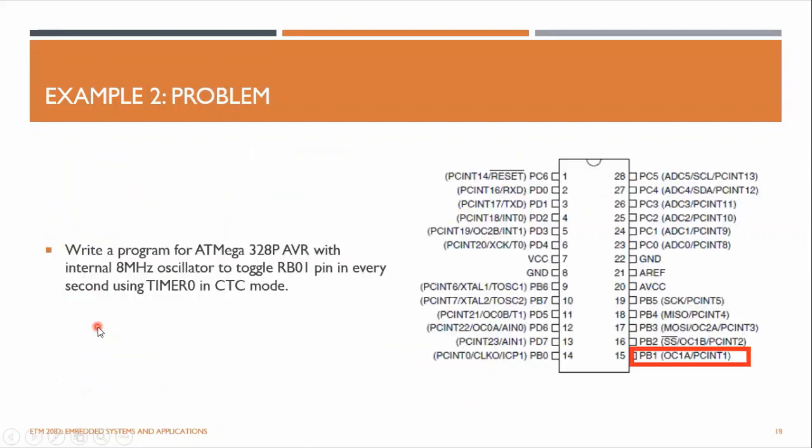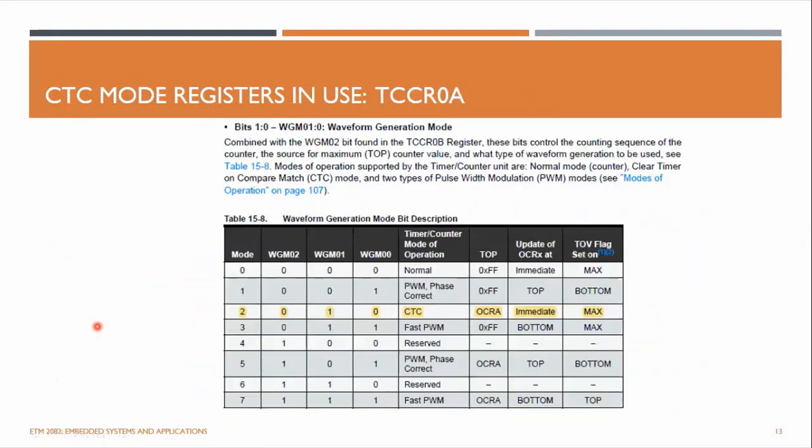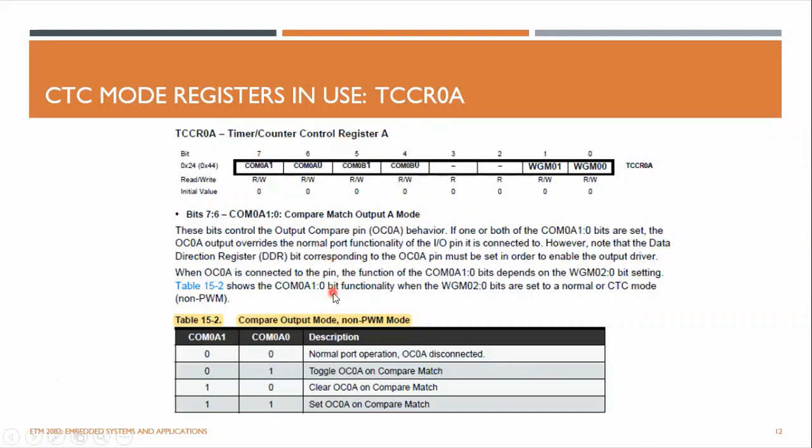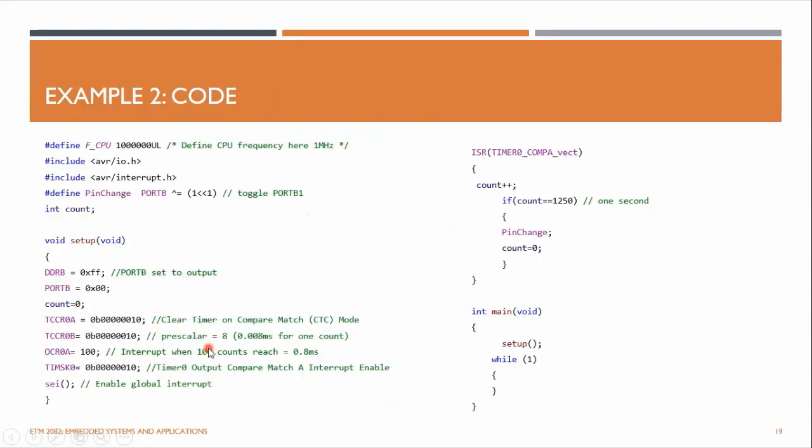In the TCCR0A register, I have to go there. This is that one. For the capture compare, if I want to toggle that pin, it should be 0 1. But I'm not using the toggle pin, because I'm just using port B, right?